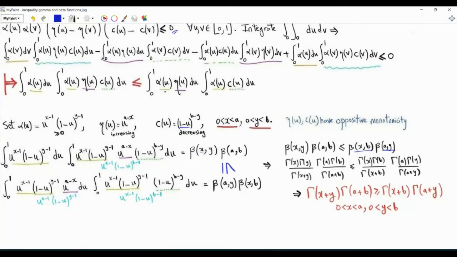And we have the same four terms multiplied together in the numerator of the right-hand side. None of those terms are equal to 0, so those basically will go. And we are left with the denominators. And so we can take the reciprocals and change the inequality. So gamma of x plus y times gamma of a plus b is greater than or equal to gamma of x plus b times gamma of a plus y.